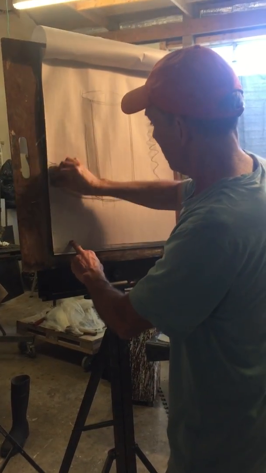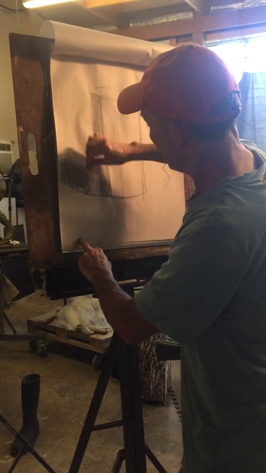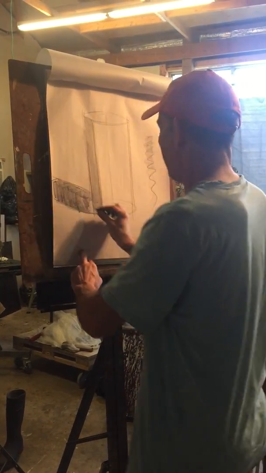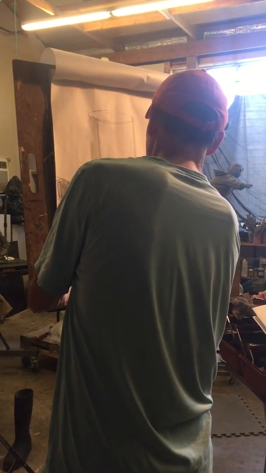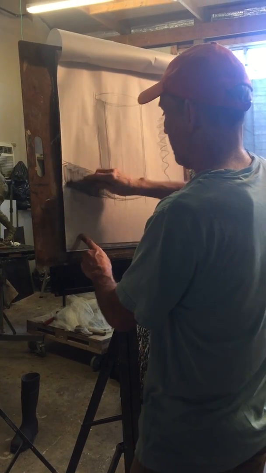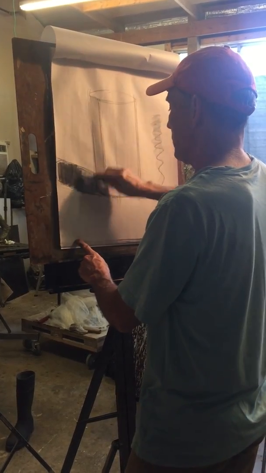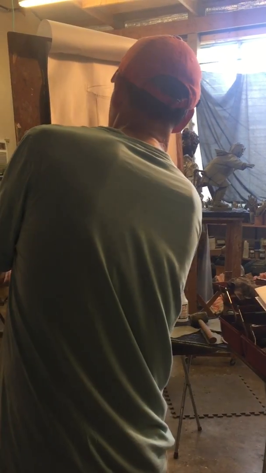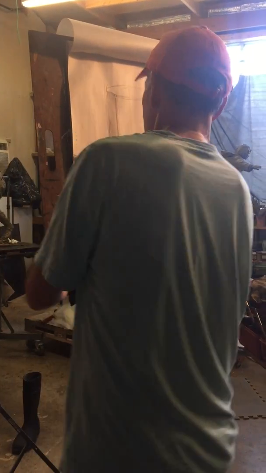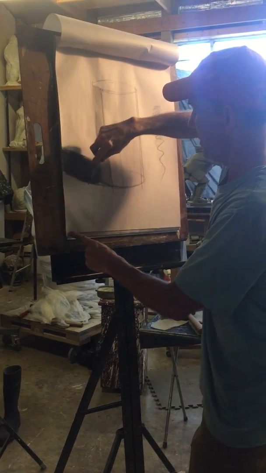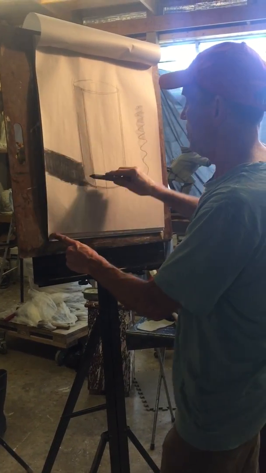Again, map in my cast shadow shape. Again, as you're putting in your values, it's really important to do what's called blocking, which is making sure that your value is simple and even, and doesn't have a lot of different stripes of value running through it.